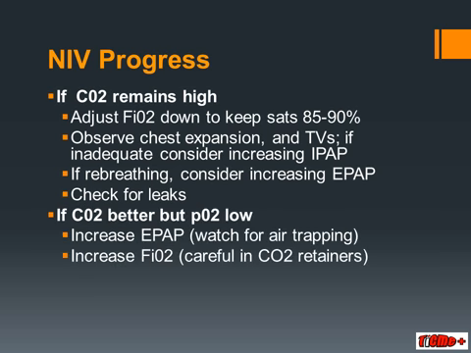If the CO2 is improving but the PO2 remains low, then you may want to try and get some recruitment of alveoli going. To do this, you may want to increase EPAP. Remember not to go above about 10 because you will encounter air trapping above this value.